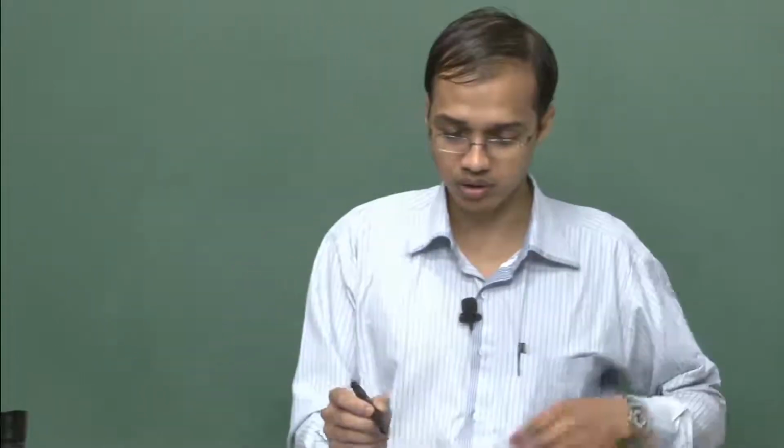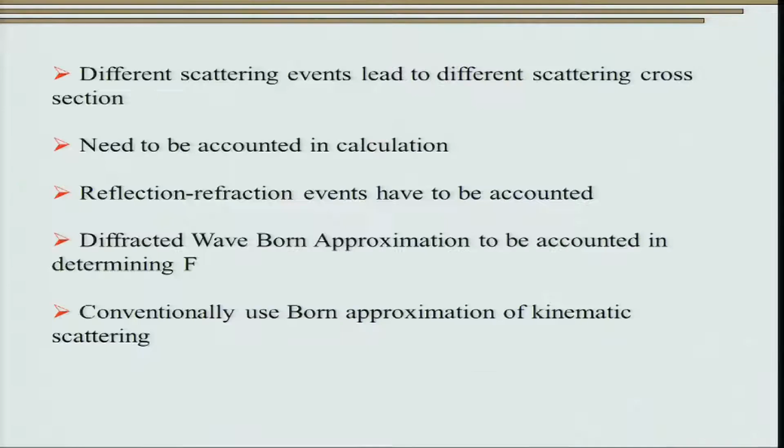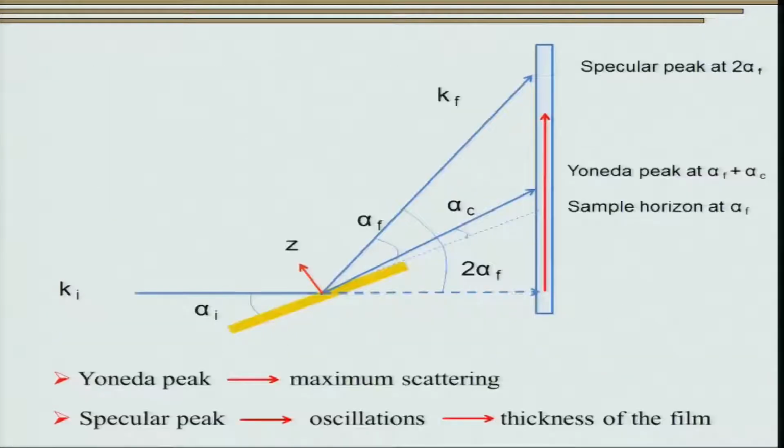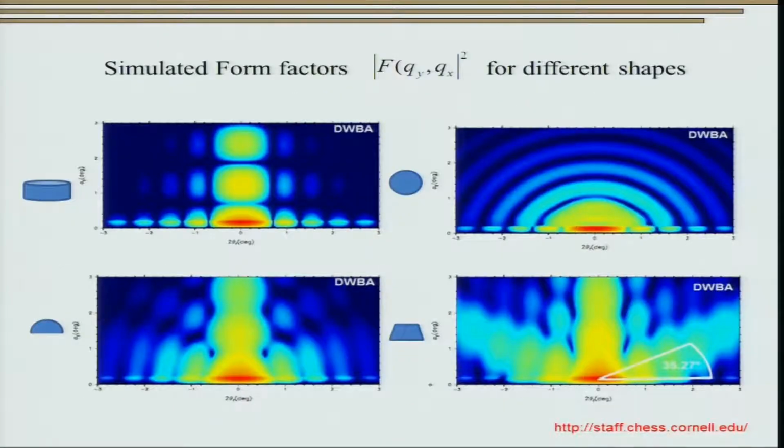Here, in the first figure, we see that if we have a cylindrical shape, we get a particular pattern. I would like to mention that this takes into account the distorted wave Born approximation, which accounts for different reflection and refraction conditions.